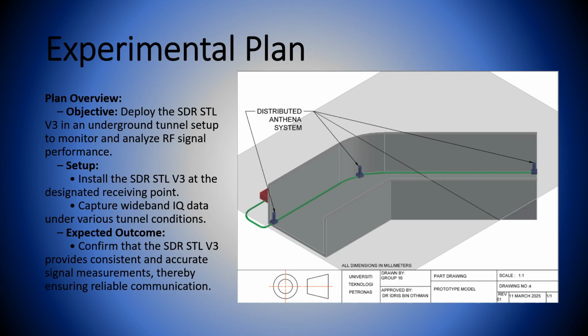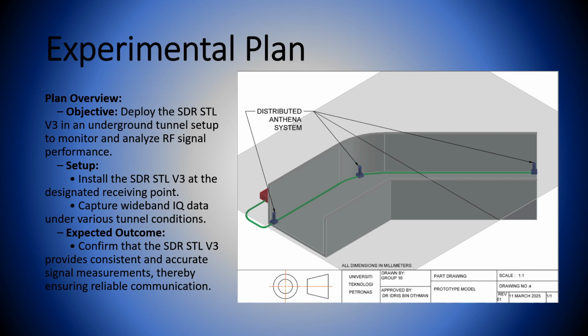Next, we will see my experimental plan, because this should be used on a big scale, otherwise we cannot see any signal strength. The plan is we will deploy the RTL-SDR V3, because it uses a laptop, so you can connect it to a laptop or a smaller device, and it's easy to use.